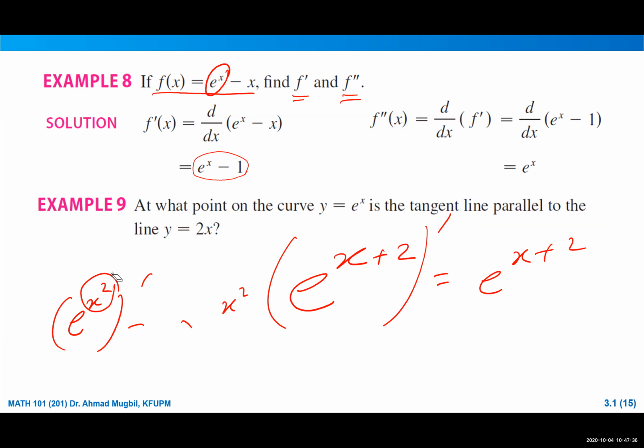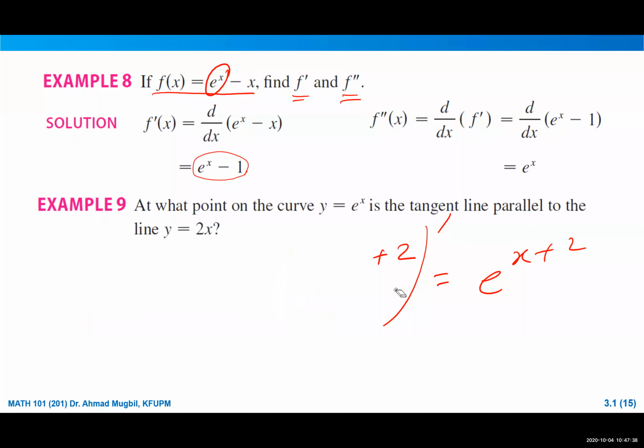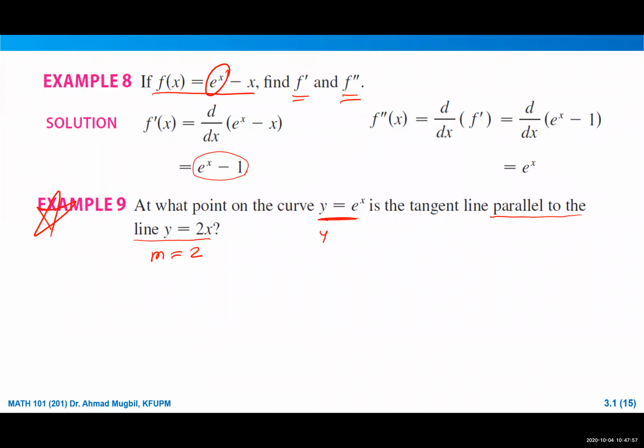Do we have another example? Yes, we have the last example. Again, these are the kind of tricks that you will have in the quizzes and the exams. The question: at what point on this curve is the tangent line parallel to this line? Same slope. The slope here is 2. What is the slope on the curve? It is the derivative. So these should be equal. e to the power x should be 2.